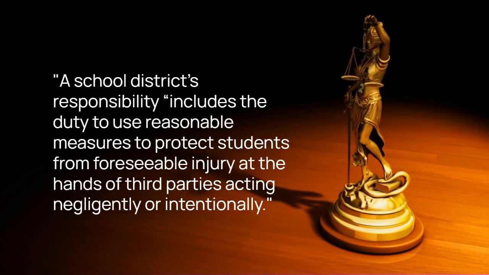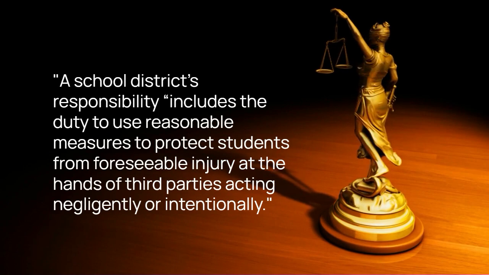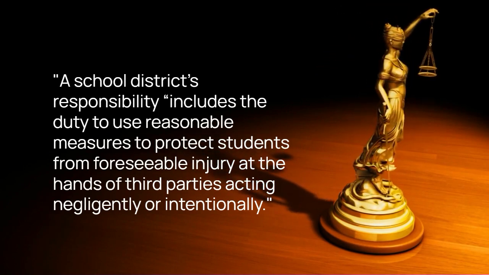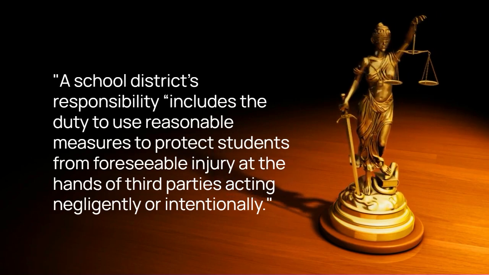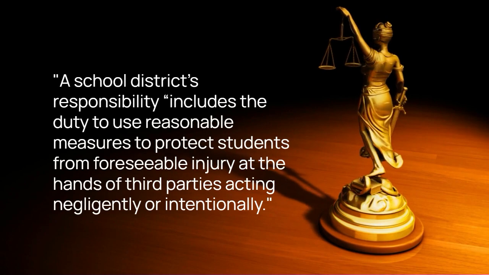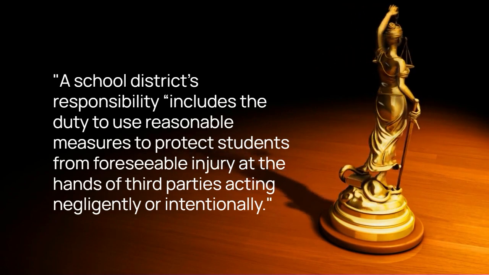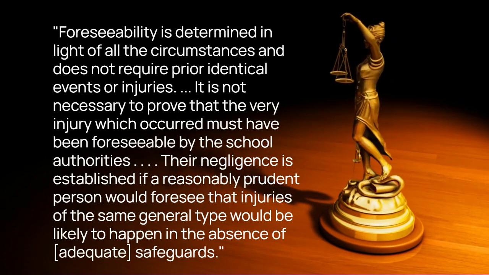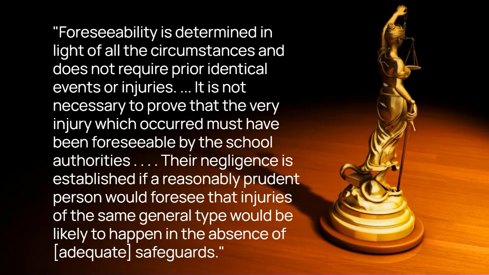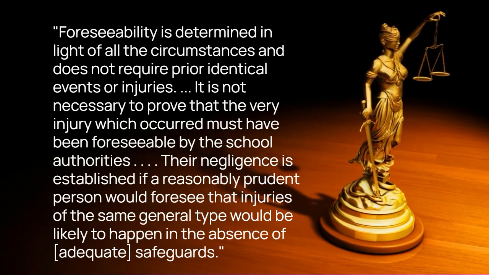A school district's responsibility includes the duty to use reasonable measures to protect students from foreseeable injury at the hands of third parties acting negligently or intentionally. Foreseeability is determined in the light of all the circumstances and does not require near identical events or injuries.